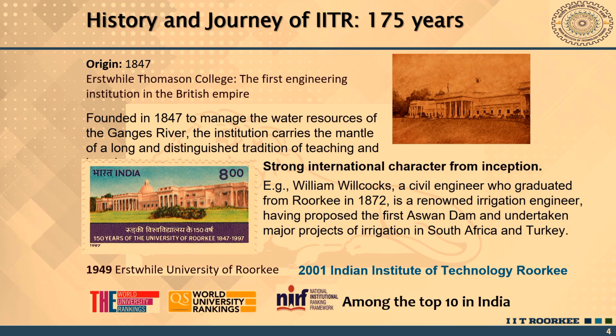Originally established in 1847 as Thomson College of Engineering, it was later given the status of a university after we got independence, and in 2001 it was given the status of Indian Institute of Technology.